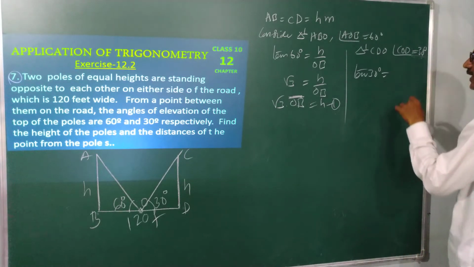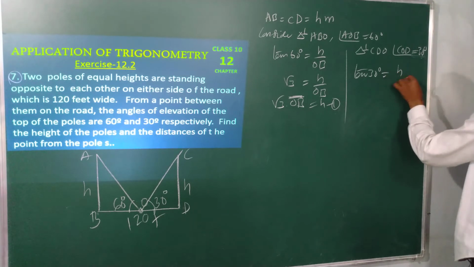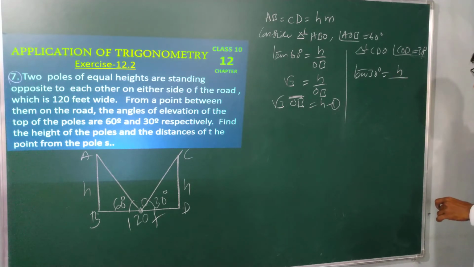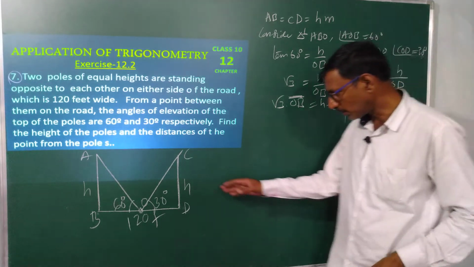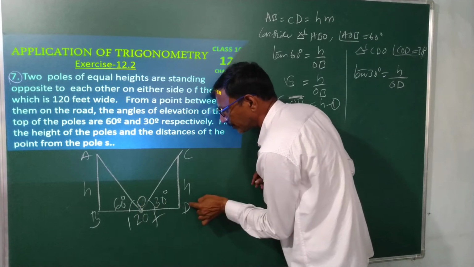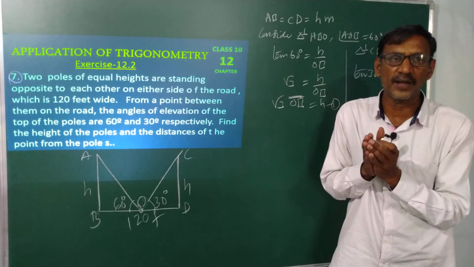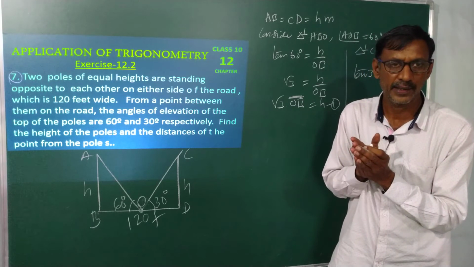Opposite side is H, adjacent side is OD. But I would like to write OD in terms of OB. How? We'll see.